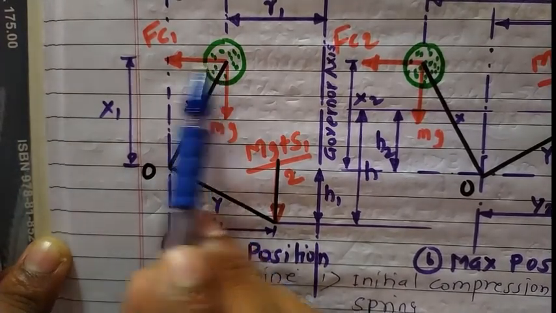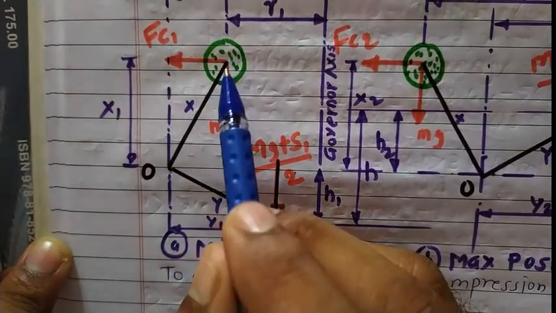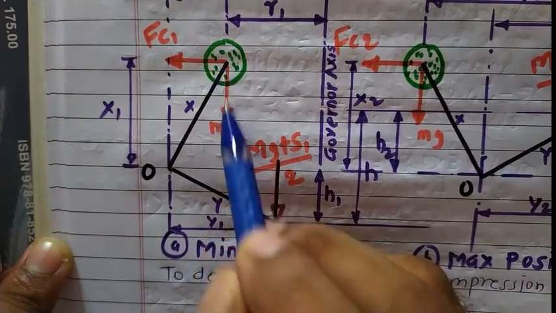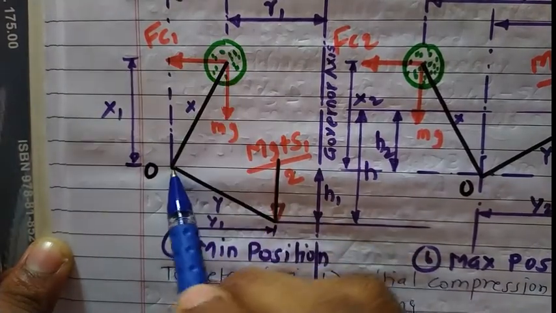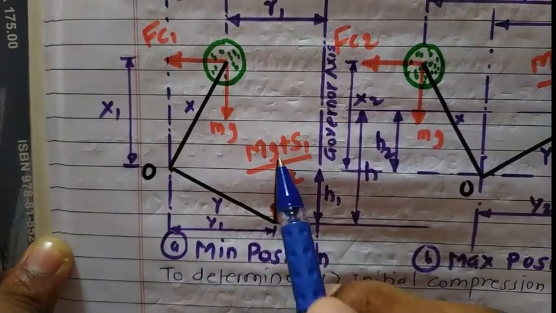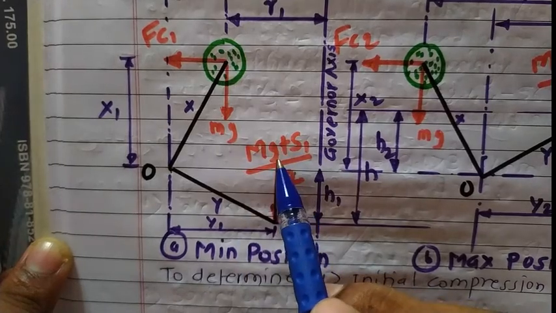This force here is the centrifugal force. What about this one? This is nothing but the weight of the ball. So you have to take the moment of this also about this point. And what about this one? This is nothing but the spring force and the weight of the sleeve.